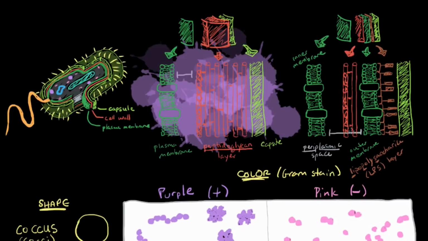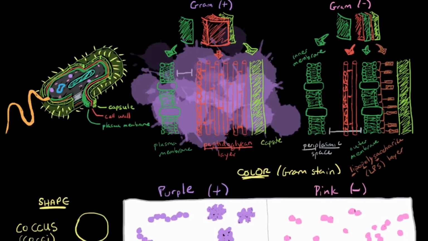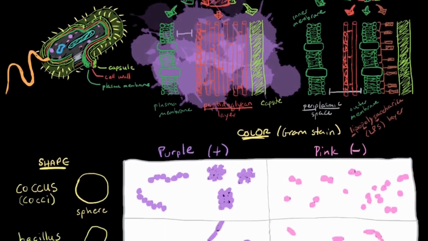Later they restain it with something called safranin, which isn't important, but they come in and restain it to make sure that you can see it, and it's pink, so that's gram negative. But because gram positive bacteria has this super thick peptidoglycan layer, it will keep its purple stain and stay purple. So this should explain why this particular bacteria stains purple or pink.